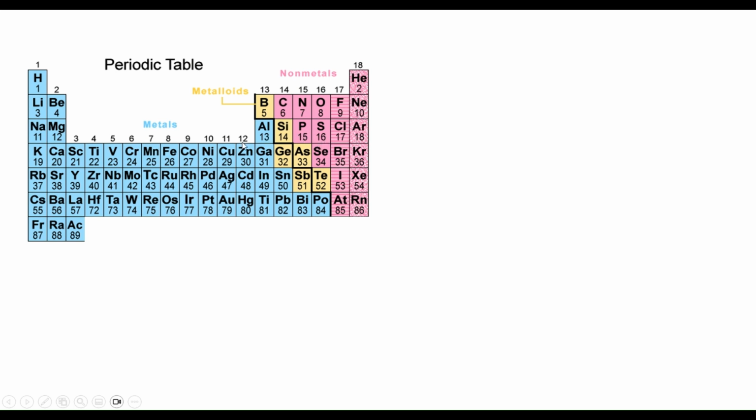Generally, if you have an element or a compound coming from only the metal component, the bond inside will be a metallic bond. If you have a compound that comes from only the non-metal family, then the bond inside will be a covalent bond. Carbon, nitrogen, oxygen and fluorine all come from the non-metals, so it's a covalent bond.